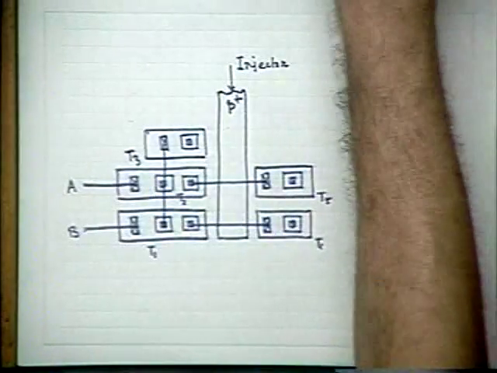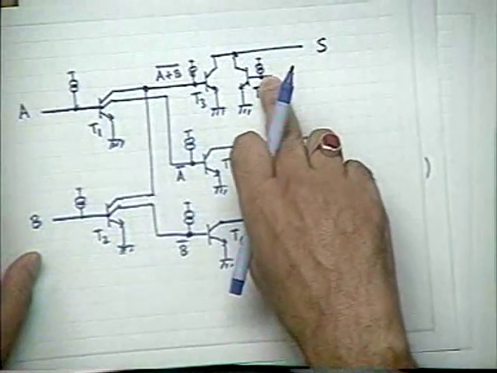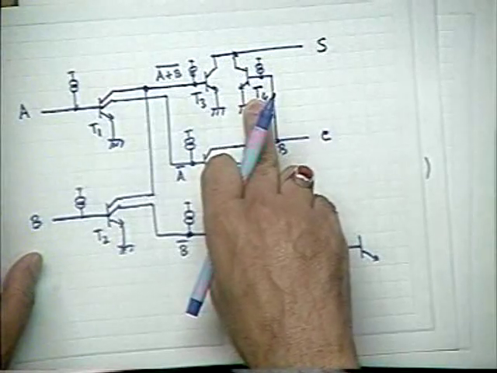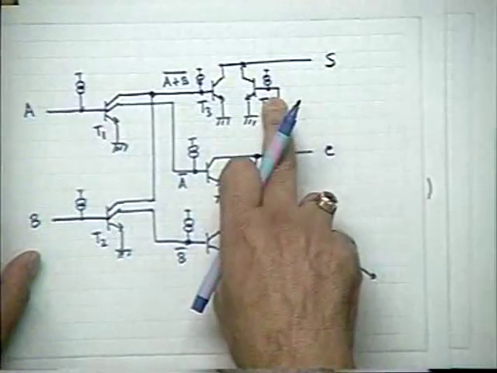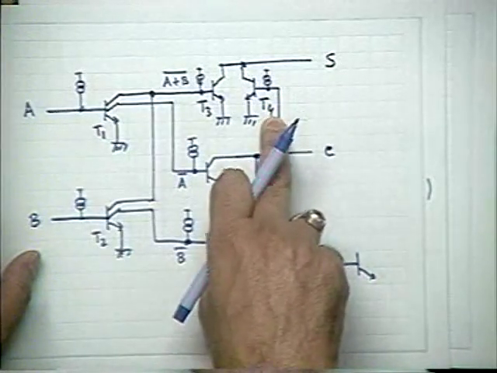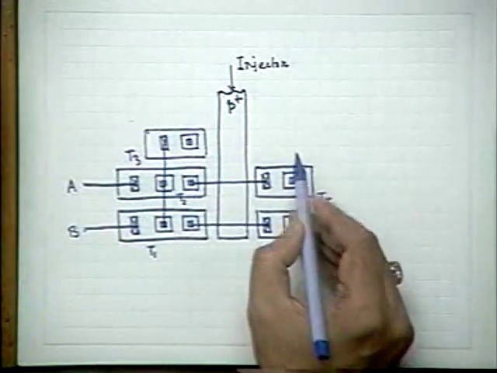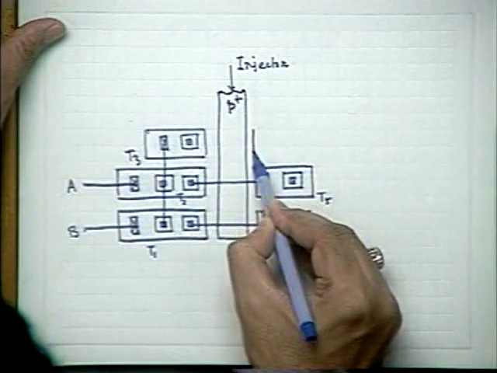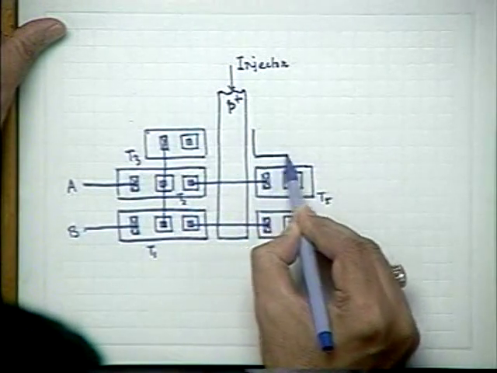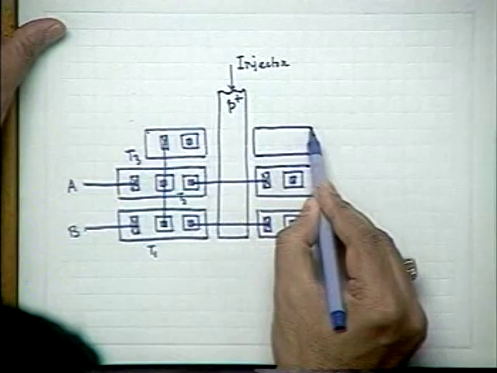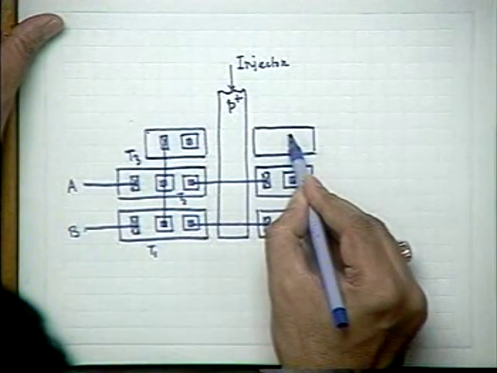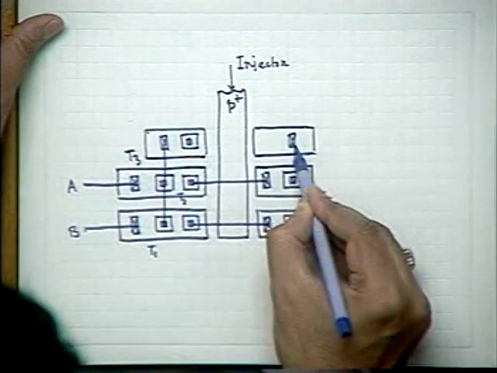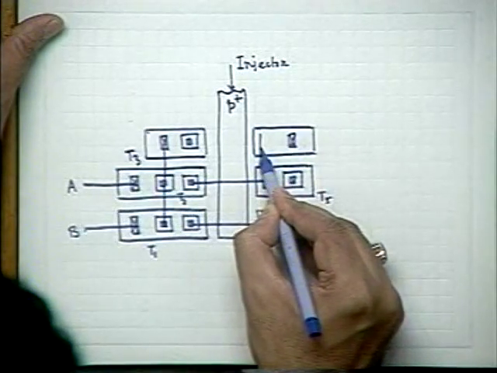And that will go to the base of T4. The wired output of T5 and T6 has to go to the input of T4, and T4 therefore I will place just above it. Only thing is the relative locations of the base and collector, that you carefully see.